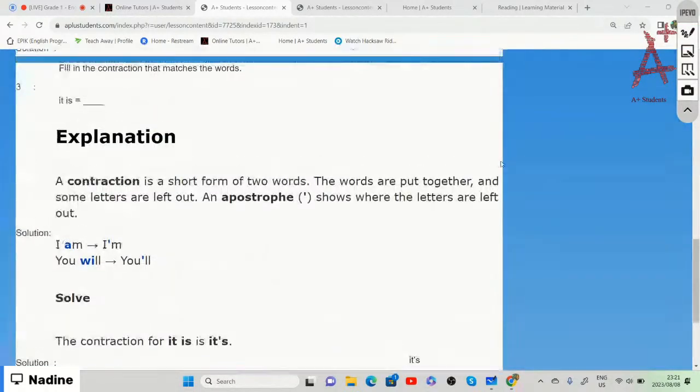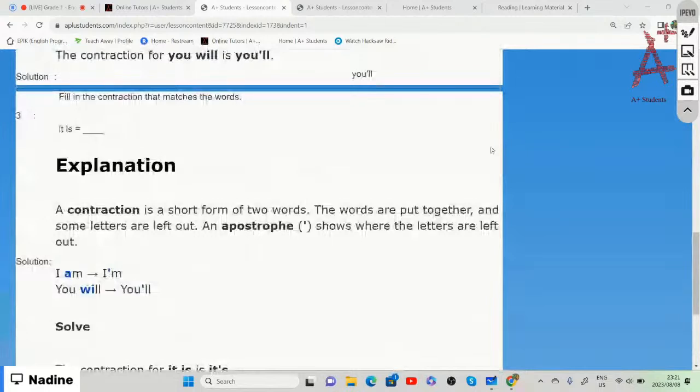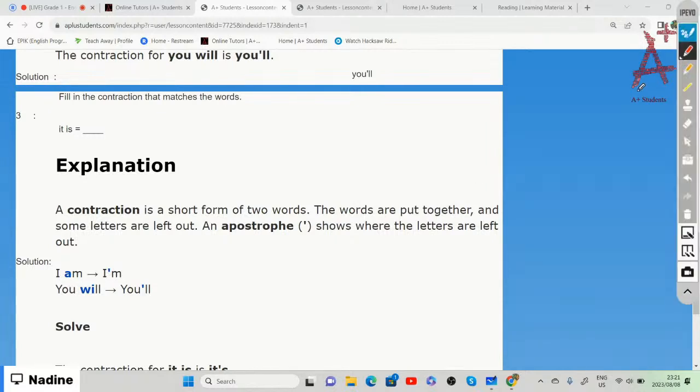It is. So the shortened form, or short form, of the two words it is, another word for the short form is the contraction of it is. We can say it's. So it is, it's, it, apostrophe.